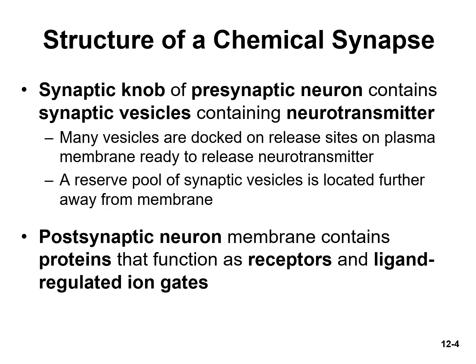So essentially, you're always going to have a steady supply of neurotransmitter, and there's also a reserve pool of synaptic vesicles that's located further away from the membrane. And your postsynaptic neuron, of course, has to have some way of responding to the neurotransmitter. So it's generally going to have proteins that are highly specific that function as receptors and ligand-gated ion gates, or ligand-regulated ion gates, meaning you have to have a specific chemical binding to that protein in order to open up an ion gate.